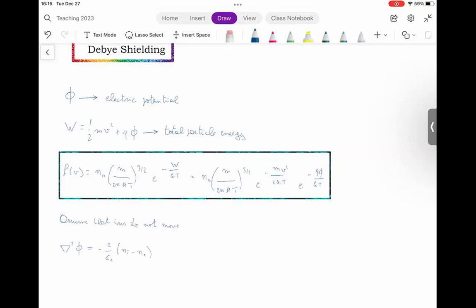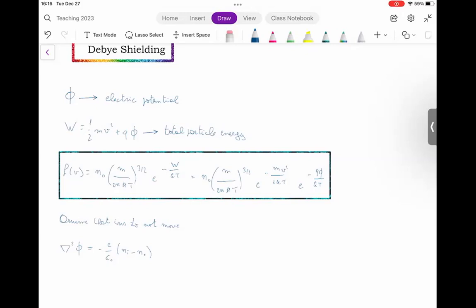Now, since I'm using a point charge, it seems reasonable to use spherical coordinates. That's not the only way to do this derivation, but it's the one that's in our textbook, and for that reason, that's the way we'll follow.